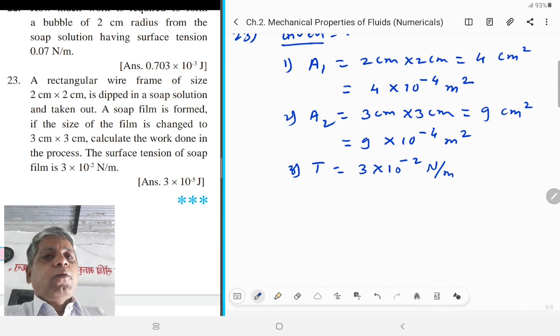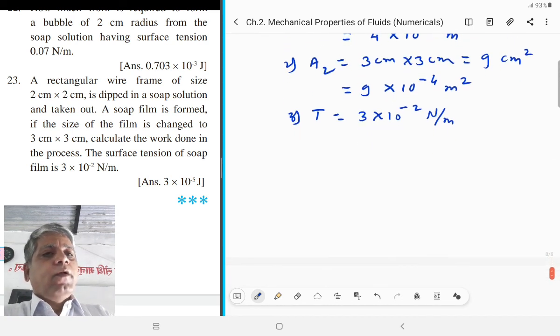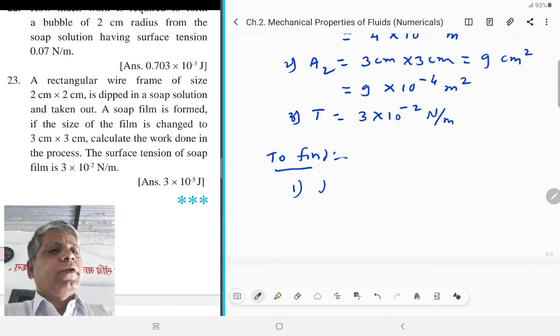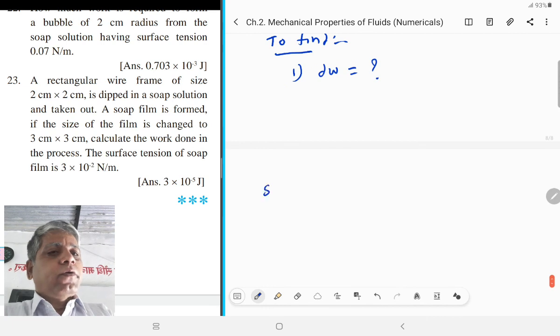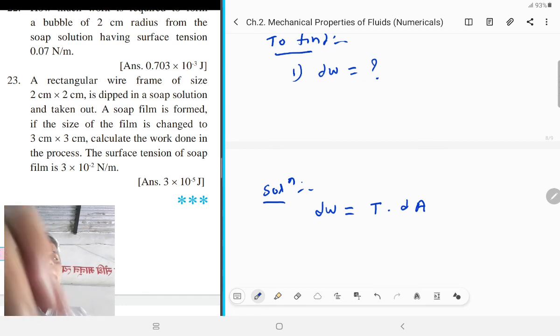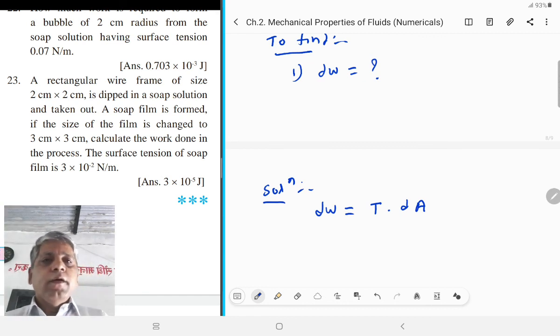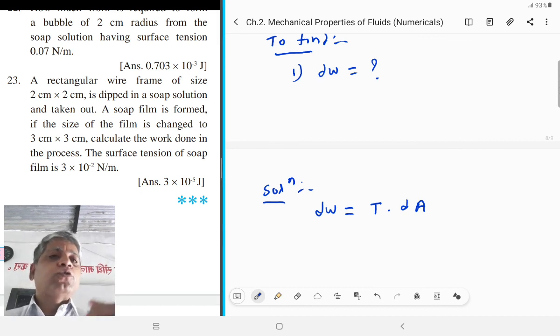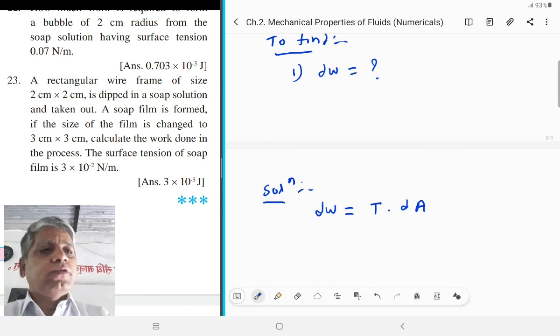Now, to find the work done, that is dW. Solution: dW is equal to surface tension into change in surface area. Here, soap film is formed, and soap film has two surfaces, two sides.